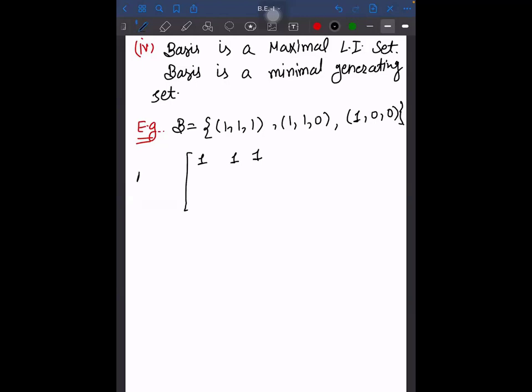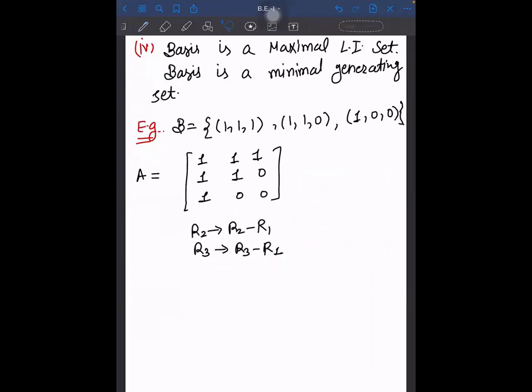Consider this matrix A. So operate on R2, R2 minus R1, and R3, R3 minus R1. Right? So let me put the operations over here, and you will get what? The above row will be as it is, and here you will get 1 minus 1 0, 1 minus 1 0, 0 minus 1 minus 1.